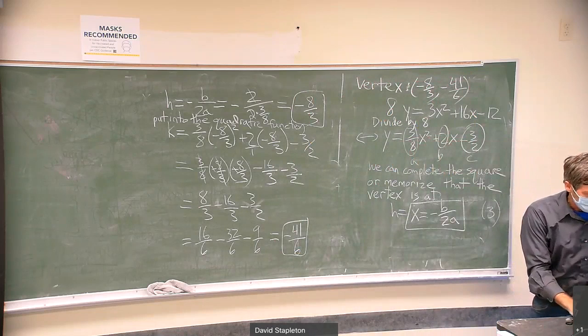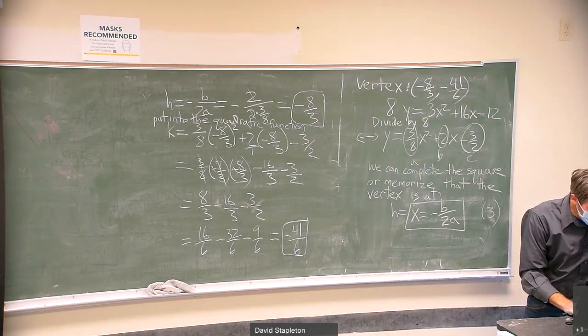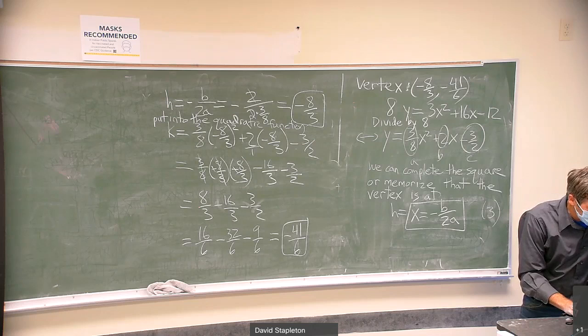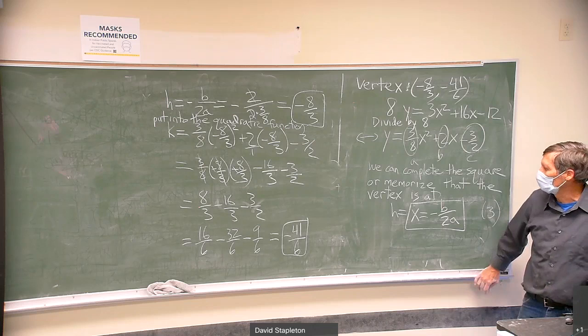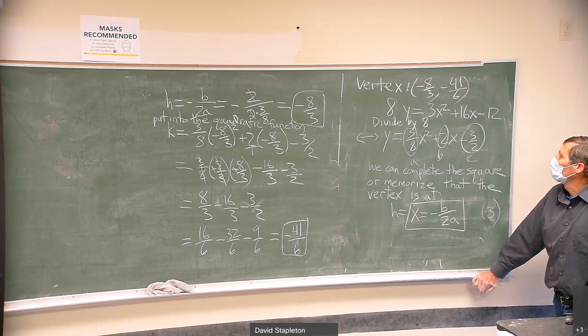It has the minus 8/3, minus 100/3. Got something wrong here. What did I do?